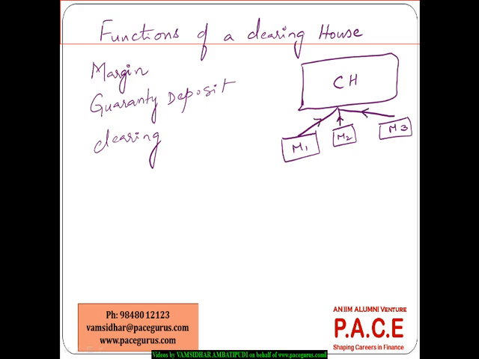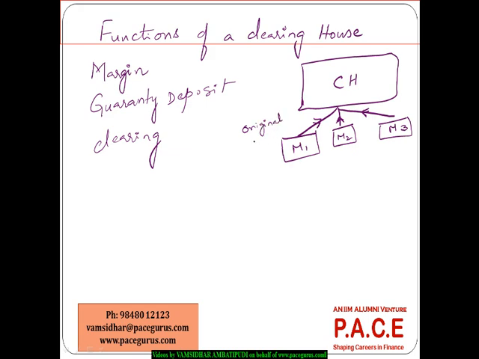Just like an individual is depositing a margin with the brokers, each of the clearing house members are depositing margins just to make sure that whatever contracts they have submitted are duly fulfilled. So this is what we are calling the initial margin or the original margin.